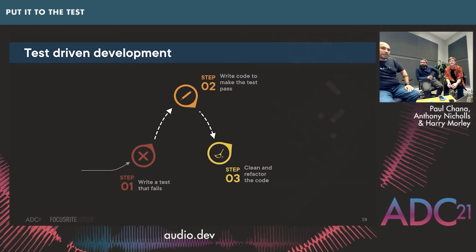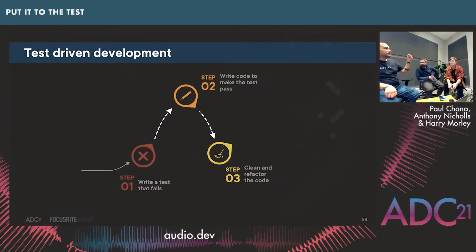So, for example, if your test says the function returns a value over 0, that function could just return the number 1. It doesn't actually have to do any of the computation involved with that test yet.